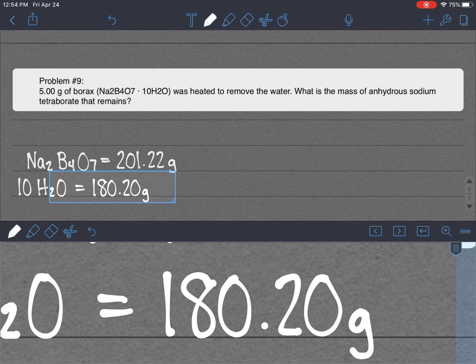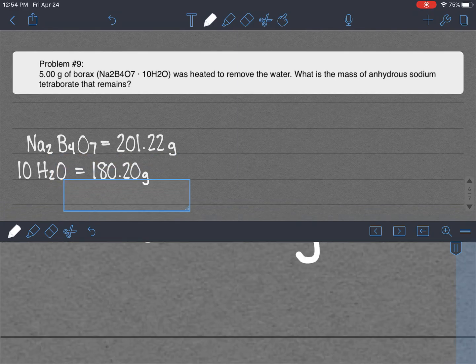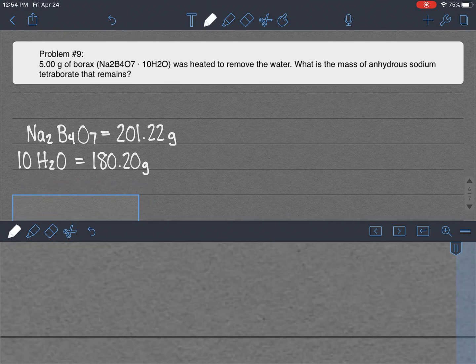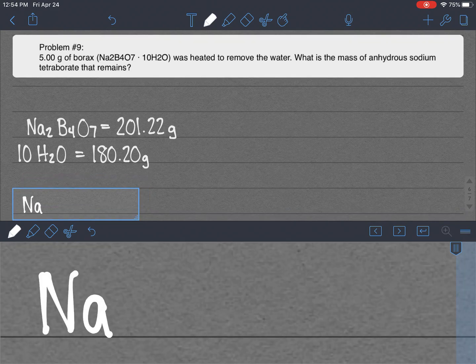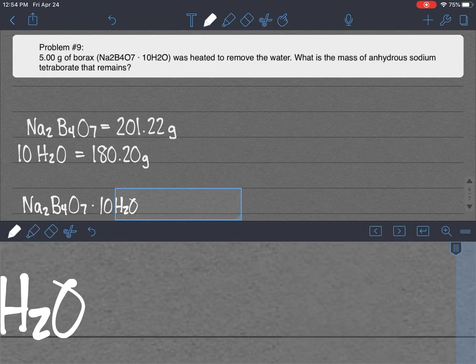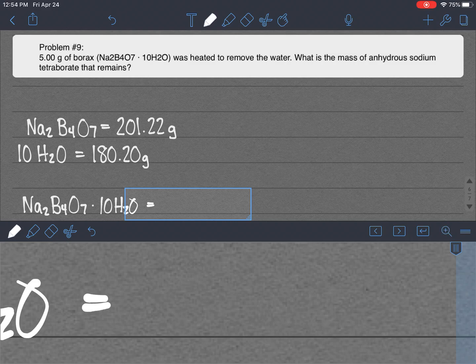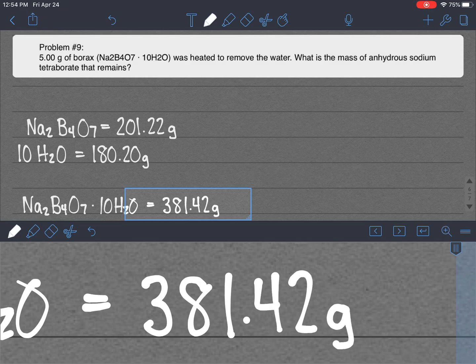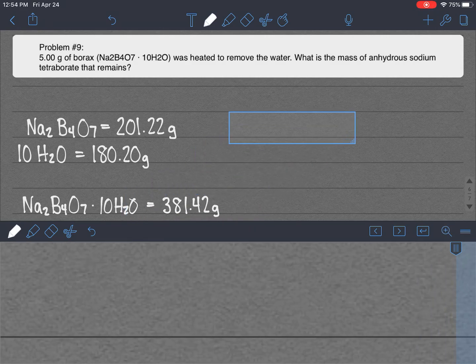Again, that's per mole of substance. So if I had 1 mole of the substance, I'm just going to add those two things together quickly, and then the whole thing is going to have a mass of 381.42 grams.